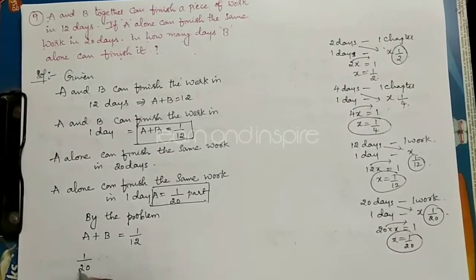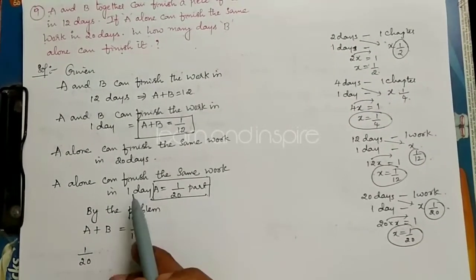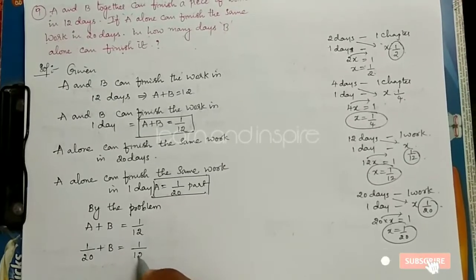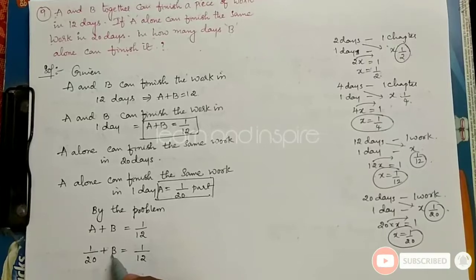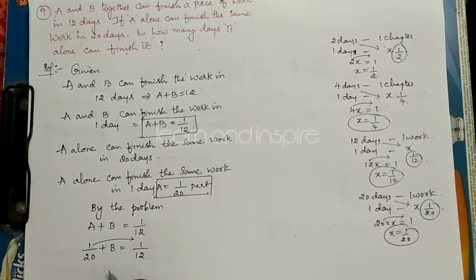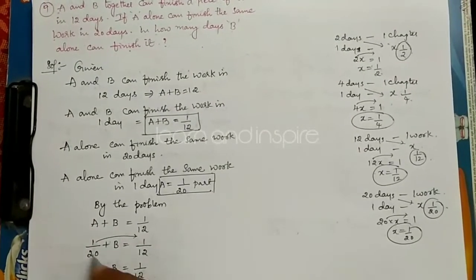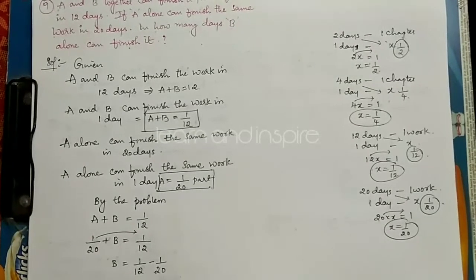So in place of A I have written 1 by 20 because he completed 1 by 20th part in one day, plus B is equal to 1 by 12, as it is. So to find the work completed in one day by B, we have to transpose this 1 by 20 to the right side, and we get the value of B, 1 by 12. If I transpose plus 1 by 20, it becomes minus 1 by 20.